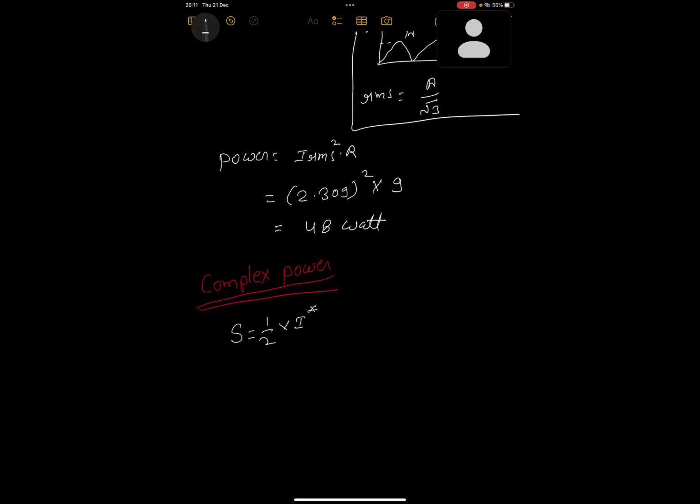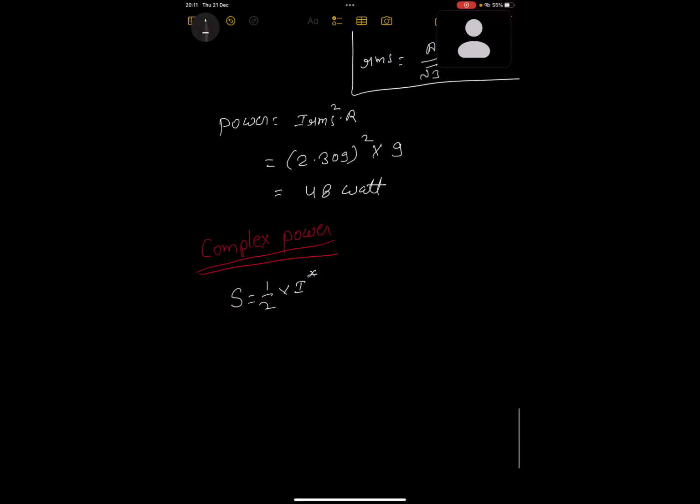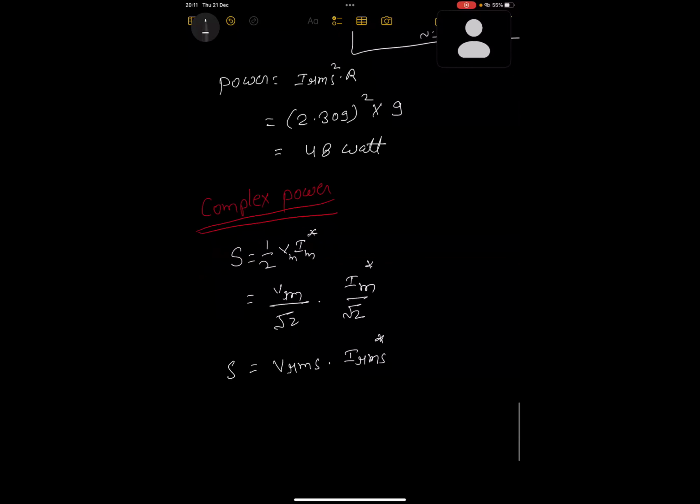So I can write V as Vmax by root 2 and I conjugate as Imax conjugate by root 2. So I can replace it with VRMS dot IRMS conjugate, that is the apparent power, you can say.